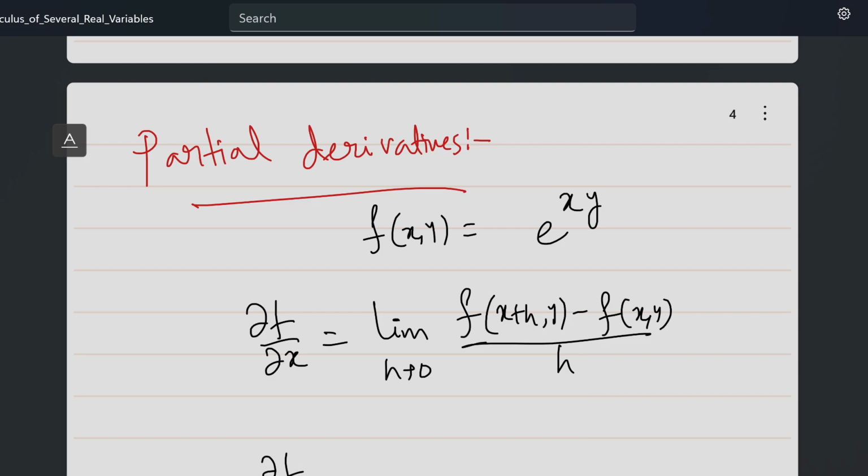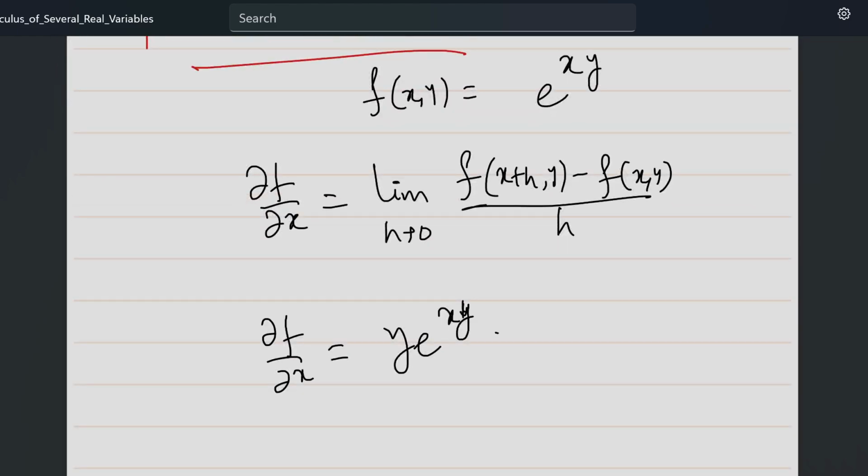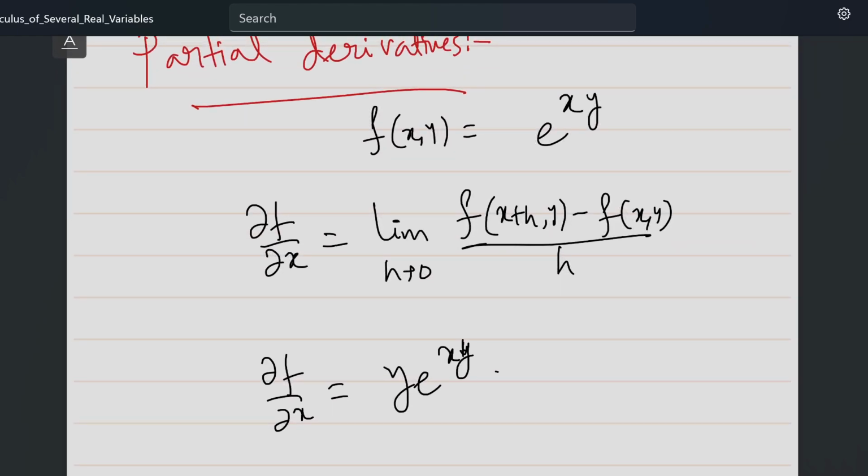Directly, if you differentiate, you will get y into e power xy, right? So finding a partial derivative is easy provided your f is given in explicit form. If f is not given in explicit form, then you have to find it using this formula.